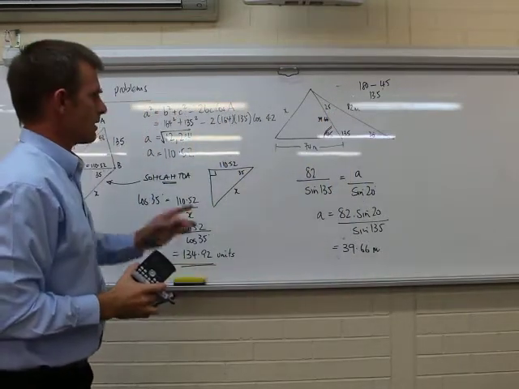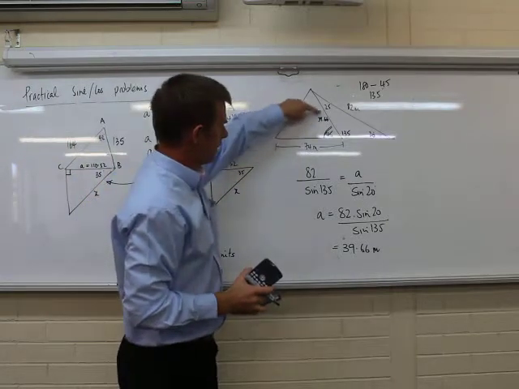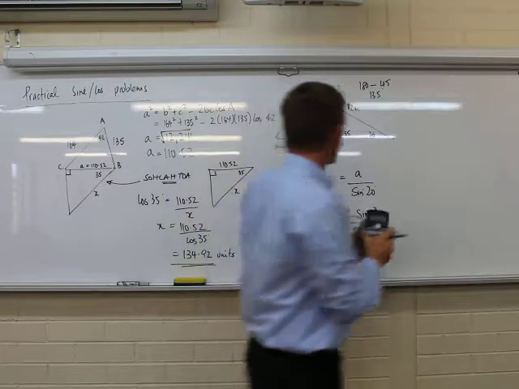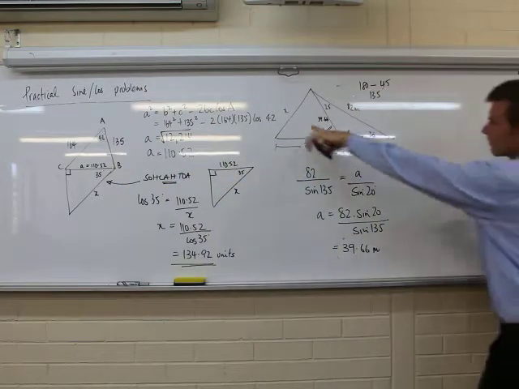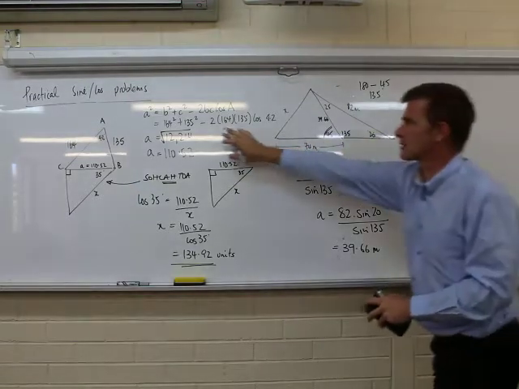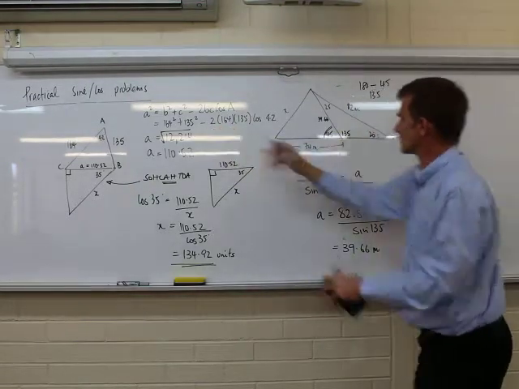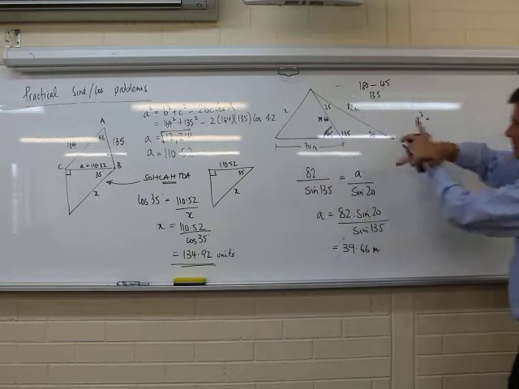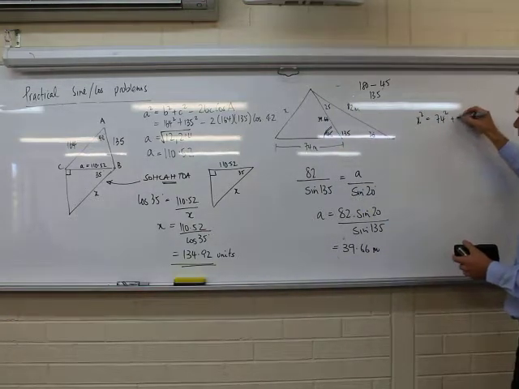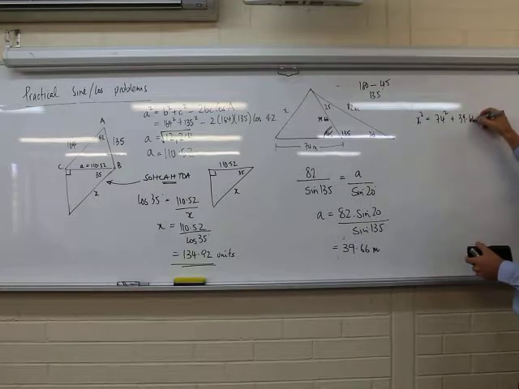Can I work something out now? Well, now I've got two sides and the included angle. So I should be able to use the cosine rule. So I'm going to write x squared equals, now it's very similar to this one over here. It's going to be these two sides, and remember the order we put them in doesn't really matter. 74 squared plus 39.66 squared.